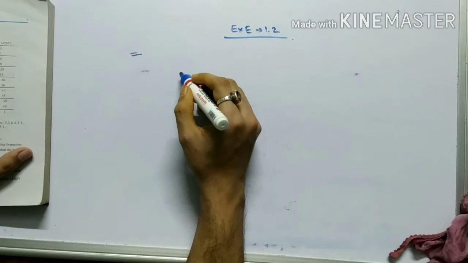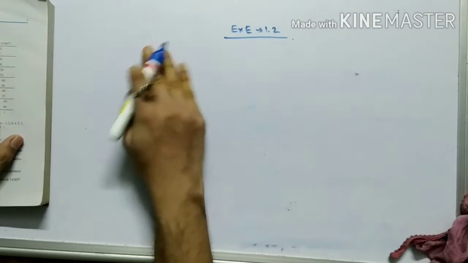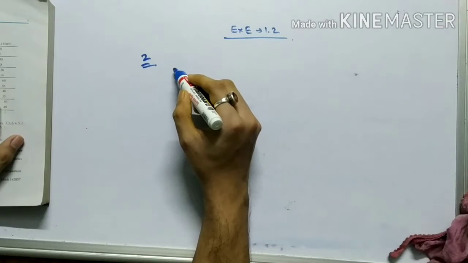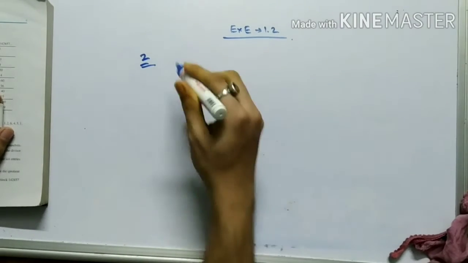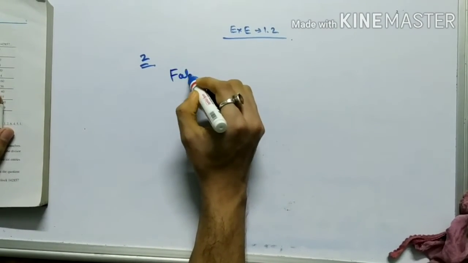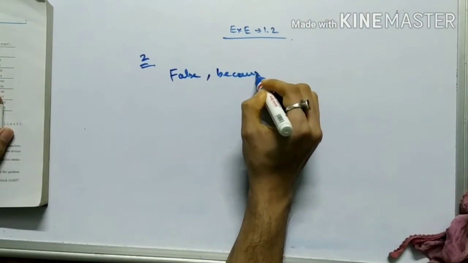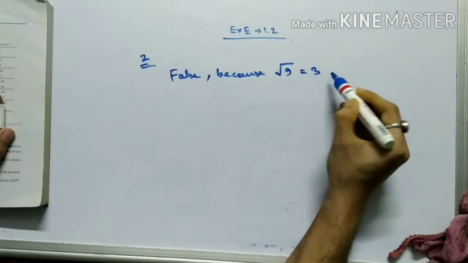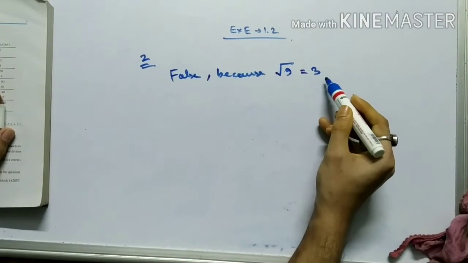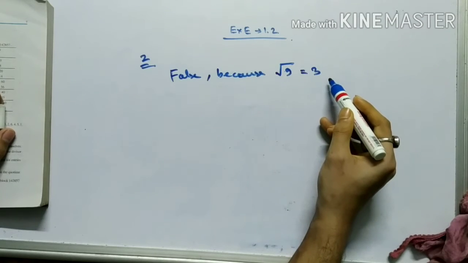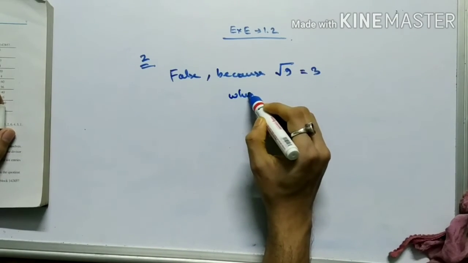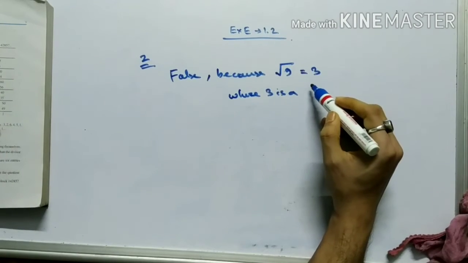This will be false, because the square root of 9 is equal to 3, where 3 is a rational number.